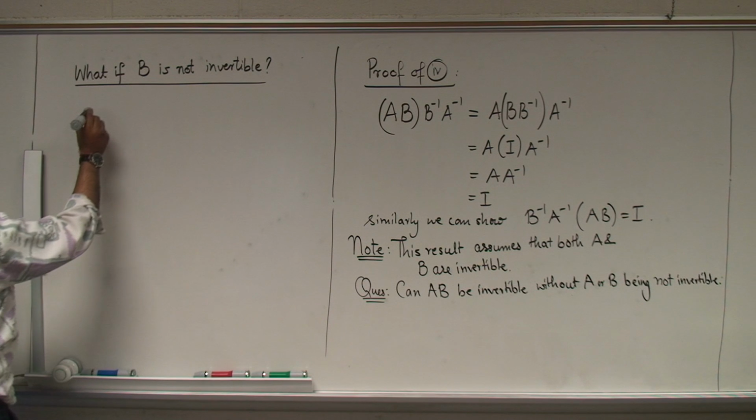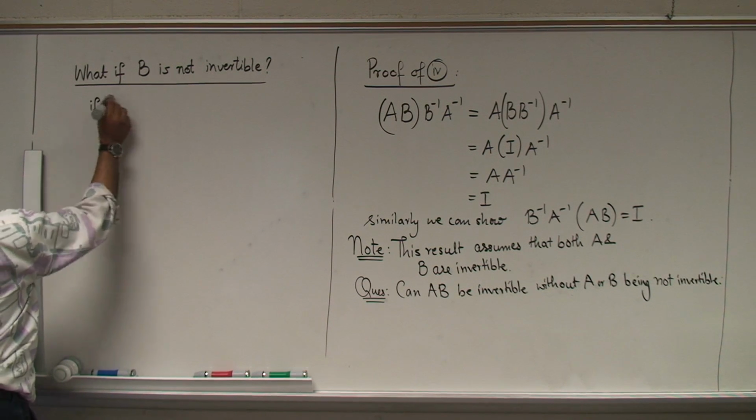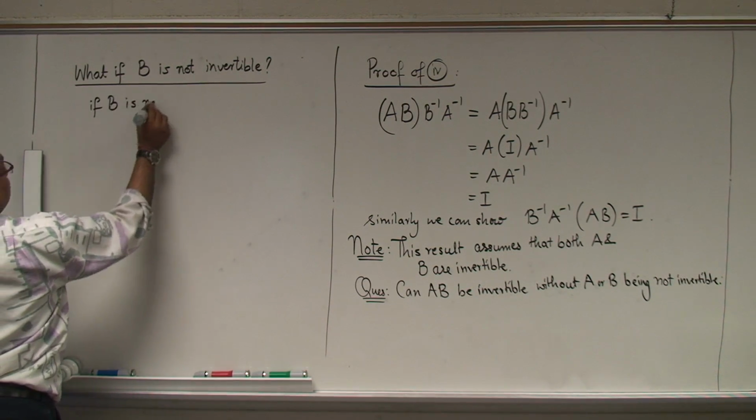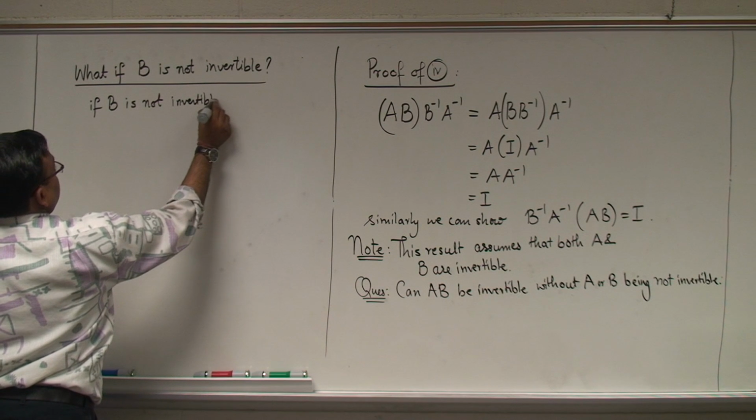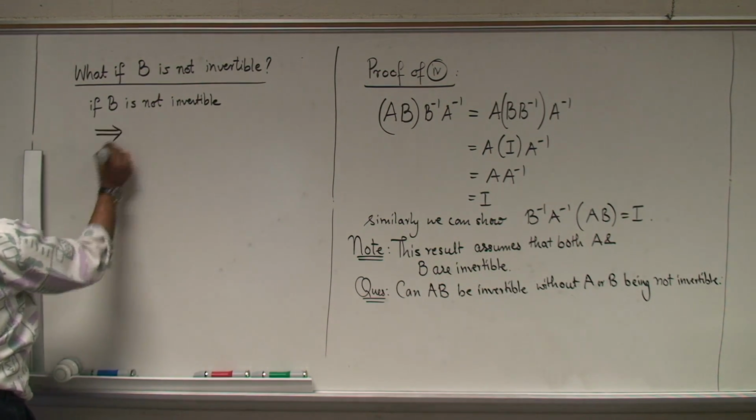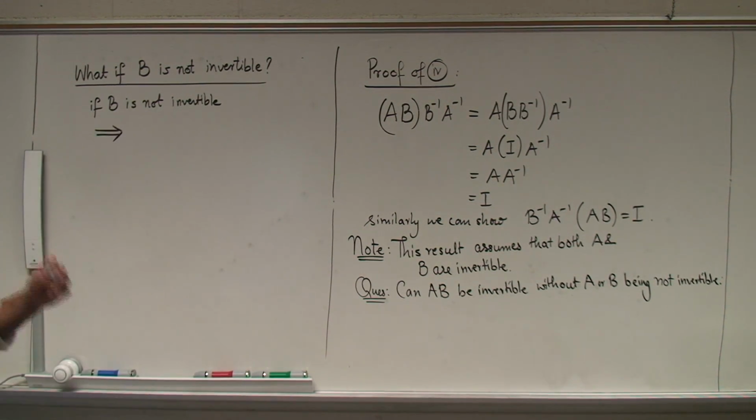Well, if B is not invertible, then what all can we say about B? There are a whole lot of things we can say. For example, remember the fundamental theorem of invertible matrices? If one of them does not hold true, then none of them can hold true. So for example, we can say the rank of B will be less than n.